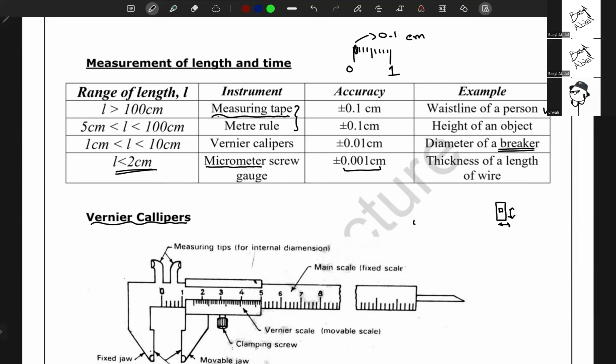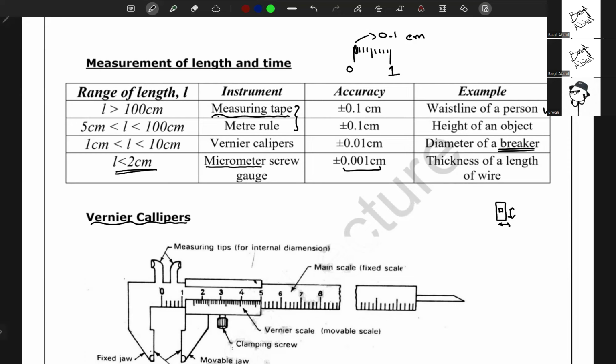If you have seen any circuits, a wire is pretty tiny, and you can put it between the anvil and the spindle, and we'll get into what these things are. I can place a wire between them and measure. We'll see that when we discuss these instruments in detail.